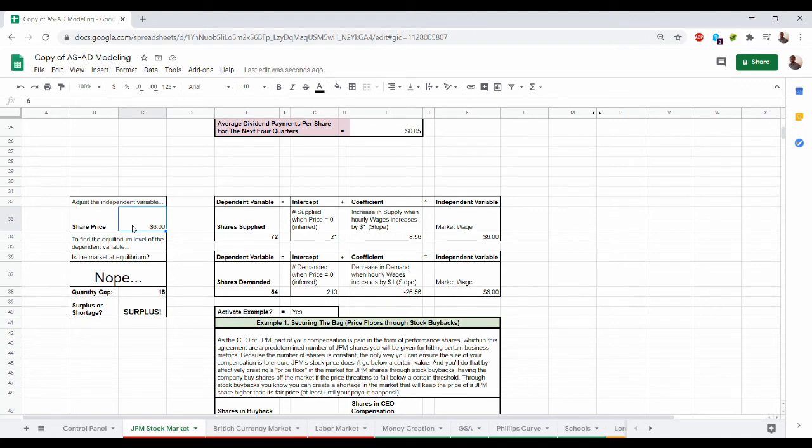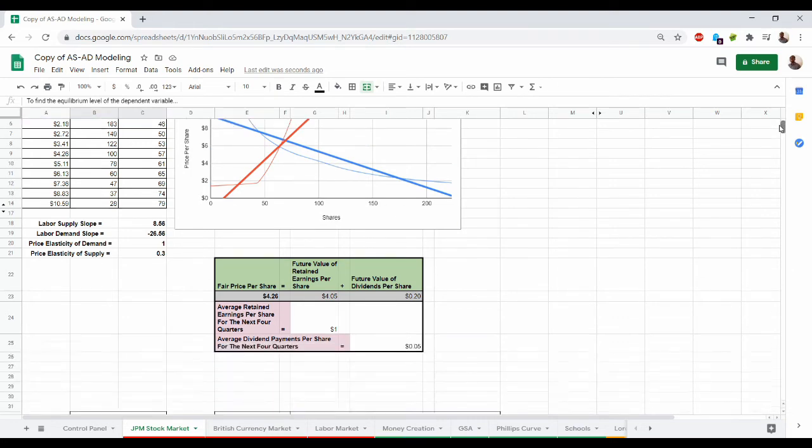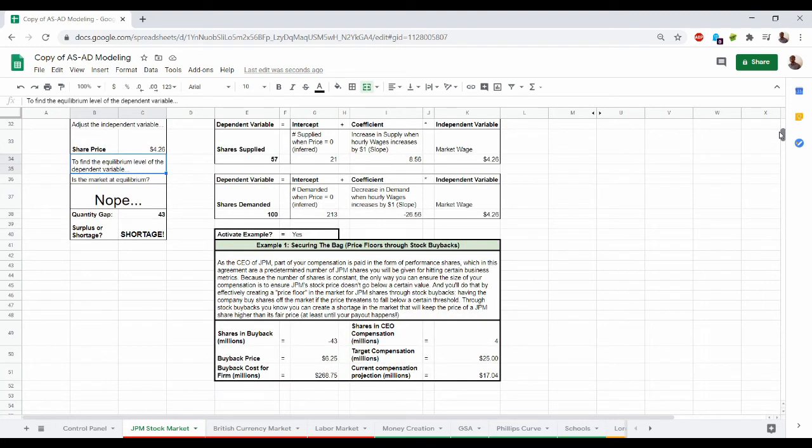In any case, it's definitely above the 426 because as we can see, if we were to just put 426 into the share price here, we would end up with a situation where there's a shortage. So what JP Morgan Chase's CFO has basically done is that they've created a price floor. This is how price floors are in effect created in the real world.